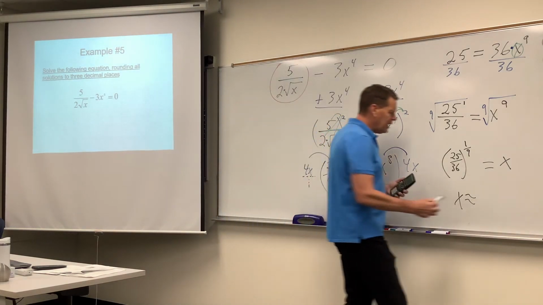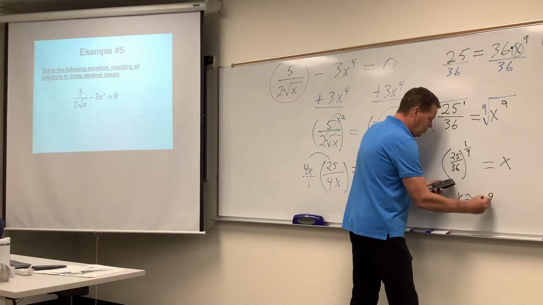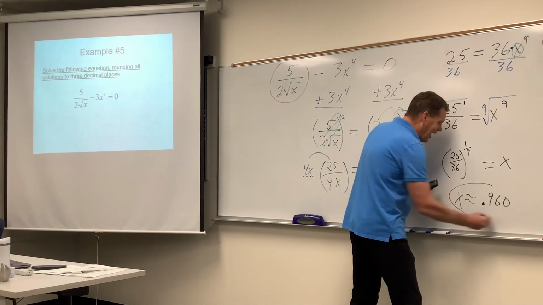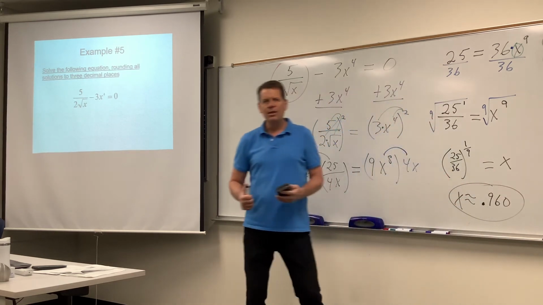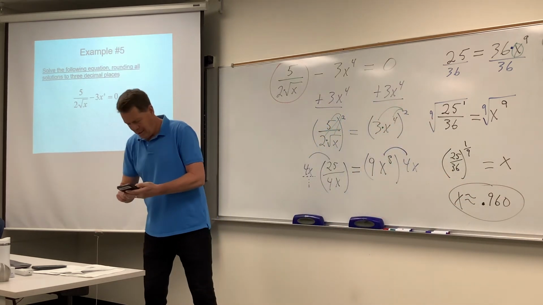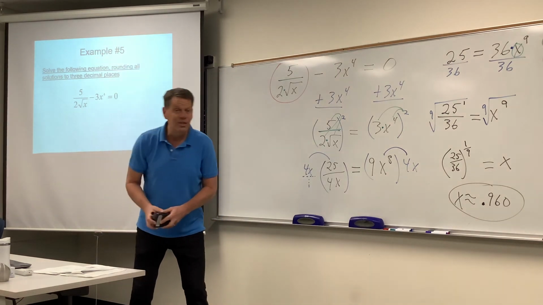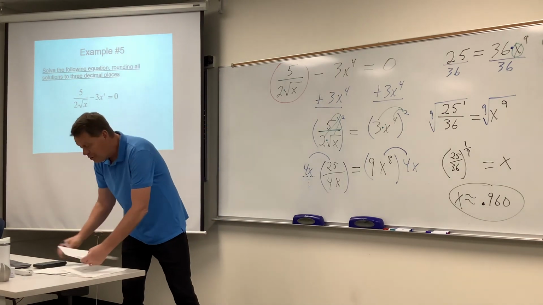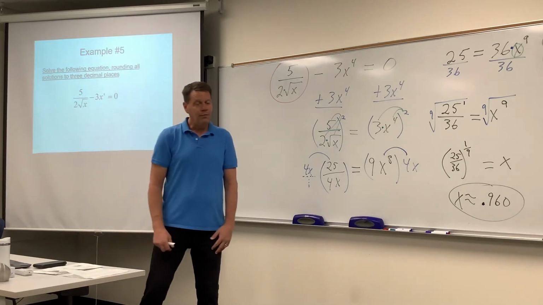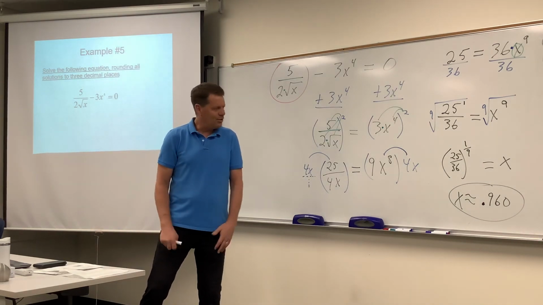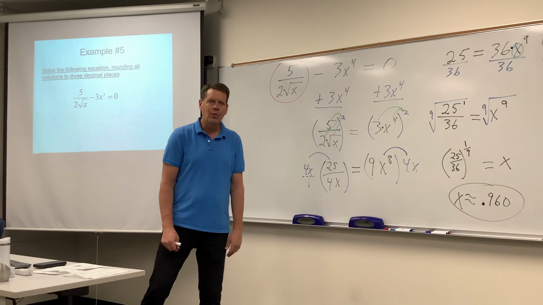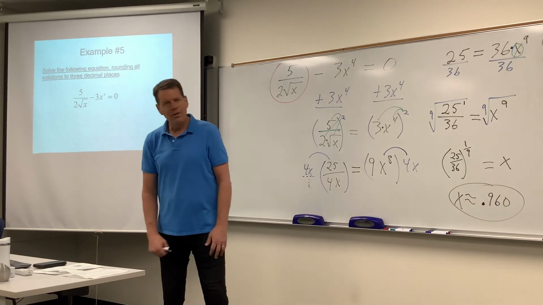So again, I would caution you, for each assignment, make sure you pay attention to the rounding, because I will change it periodically. Just pay attention. All right, but anyway, that should come out to be 0.960, and there you go with example 5.